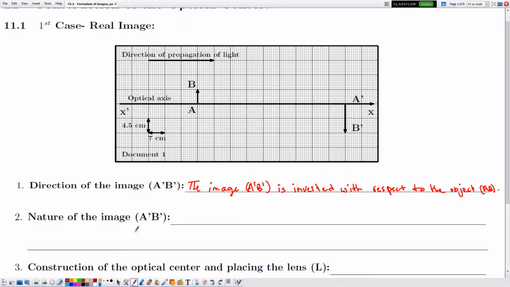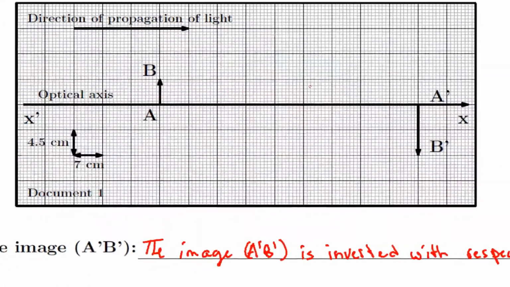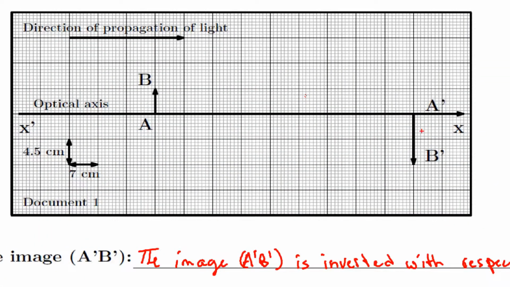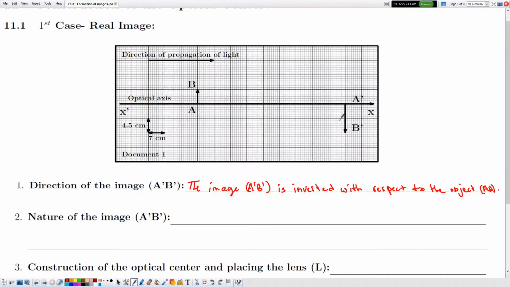Now in number 2 they are telling me the nature of the image A prime B prime, so we need to indicate whether this image is a real one or virtual. So here, because the image is inverted with respect to the object, then the image is real, because we know that always a real image is inverted with respect to the object.